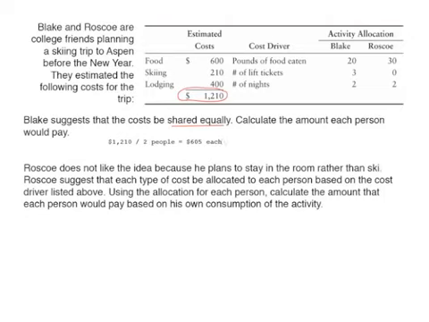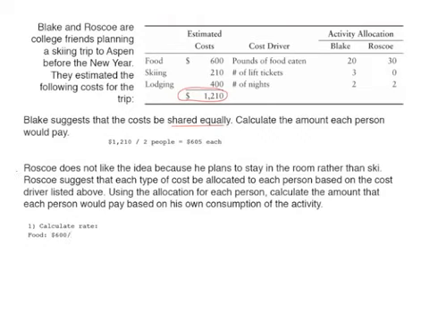Well, the first thing we have to do in activity-based costing is determine a rate. So part one is to calculate the rate for each activity. The first activity was food. The total cost of the food was $600.